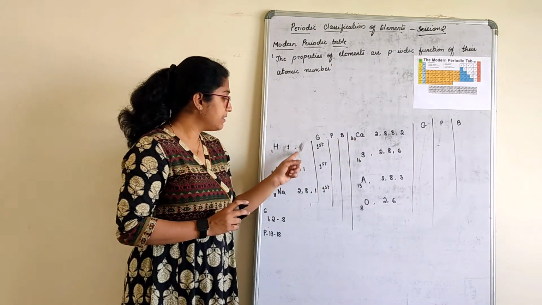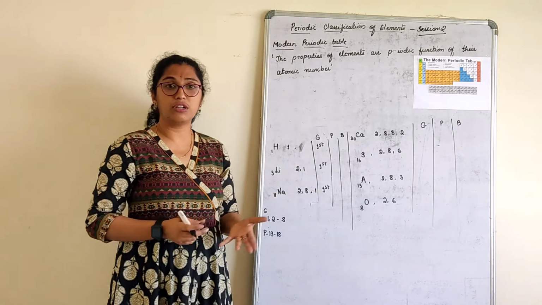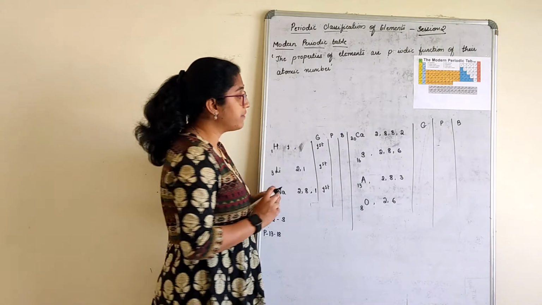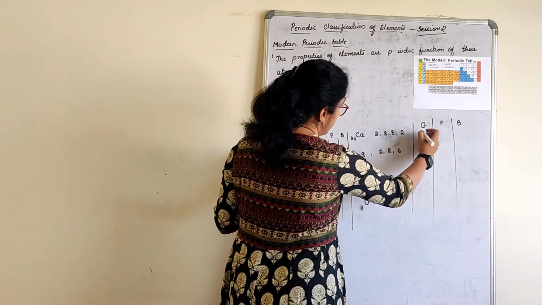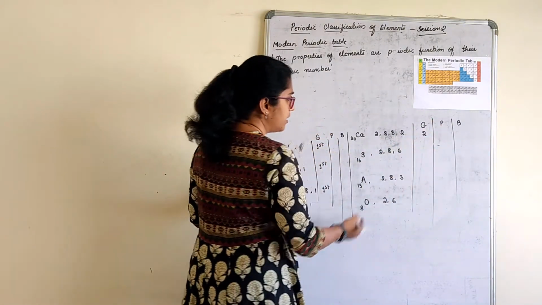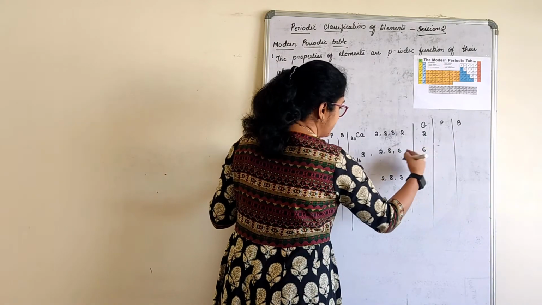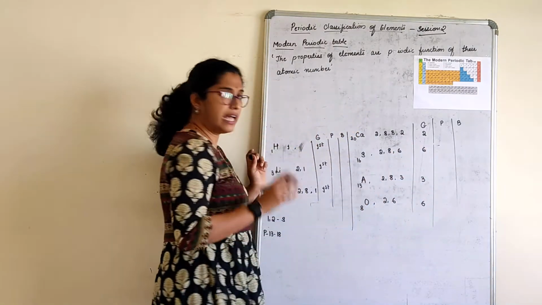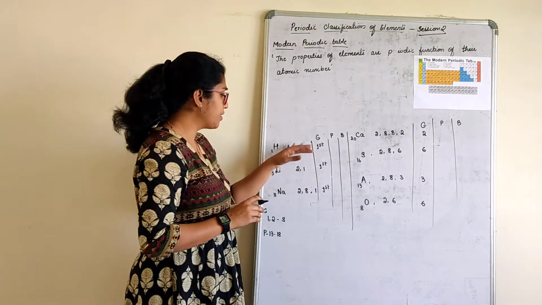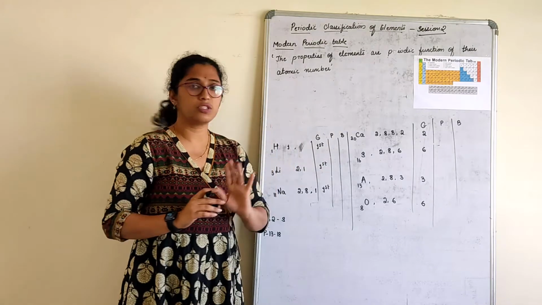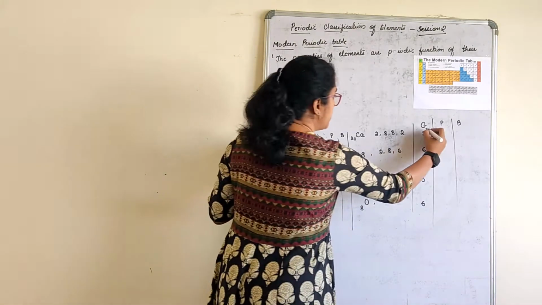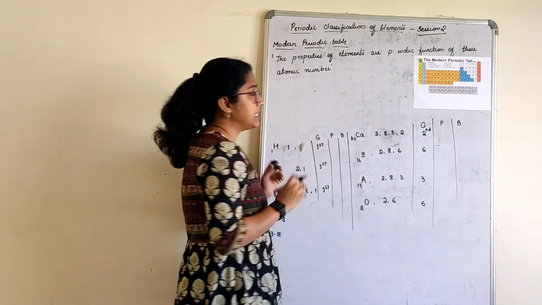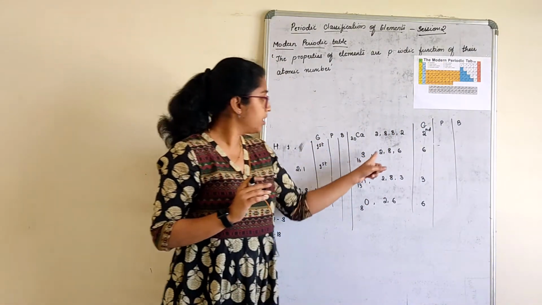That means however many electrons are in the last shell, it belongs to that group. Let's check with this. Calcium has 2, so it belongs to the second group. Is it correct? Calcium belongs to the second group? Yes, calcium belongs to the second group.